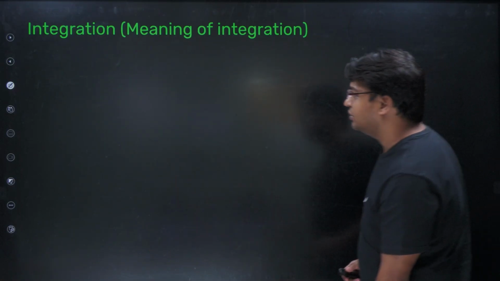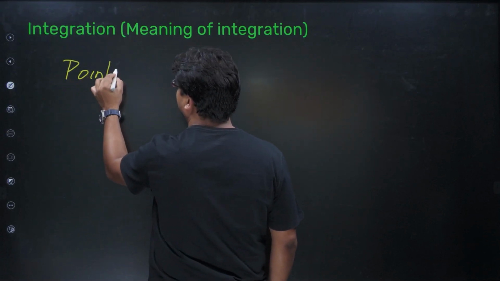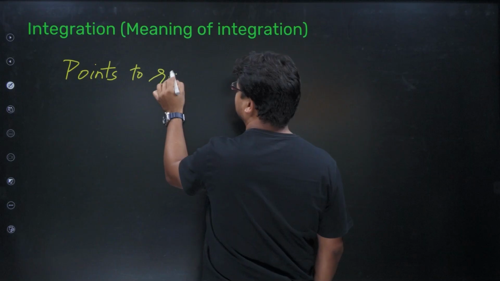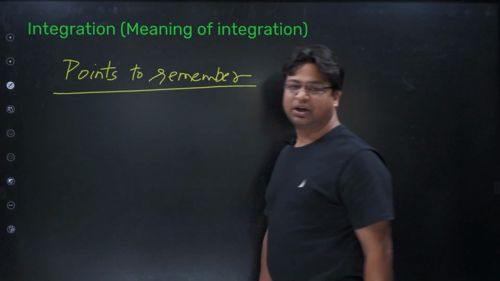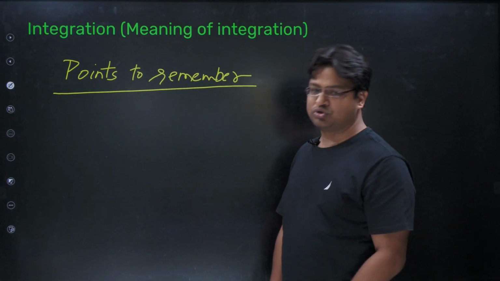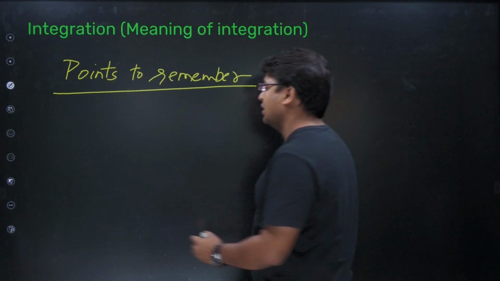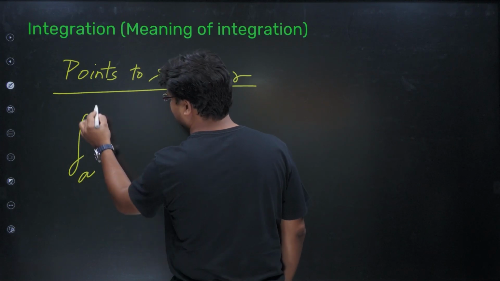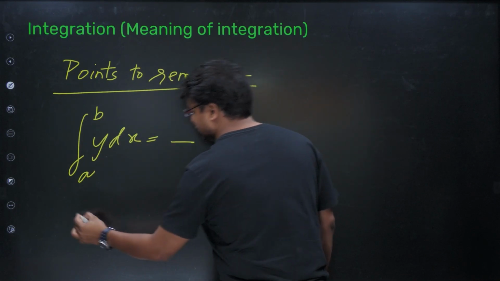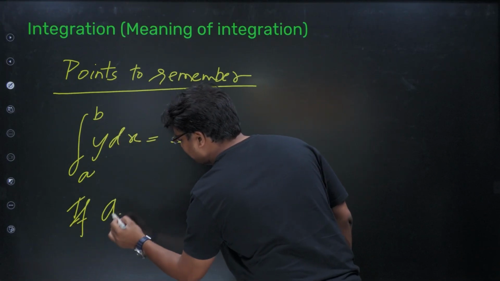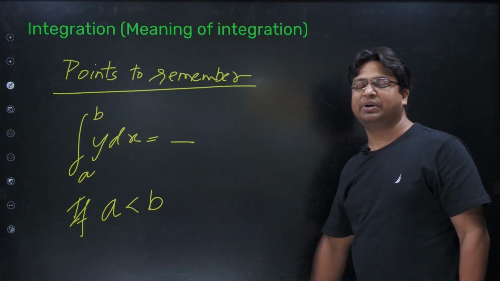Now there are a few points that you must remember. What are those points? If I write a, b as the limits and y dx, please remember that if a is smaller than b, generally that is the trend, that we put the lower number as the lower limit.